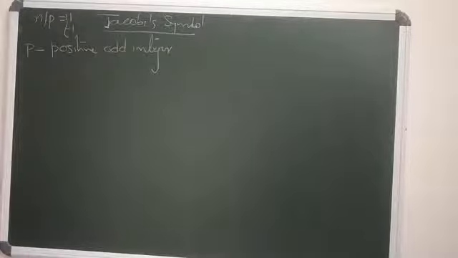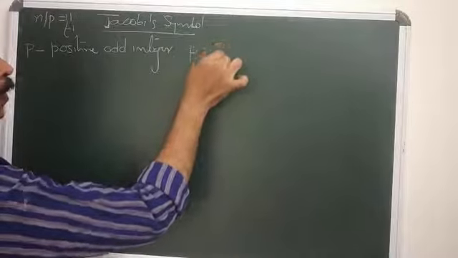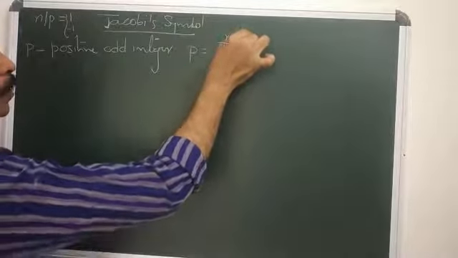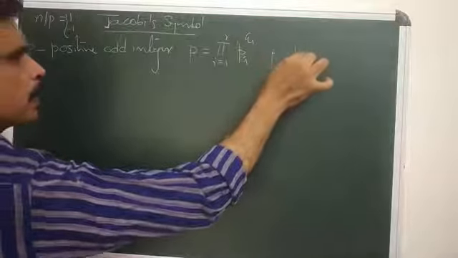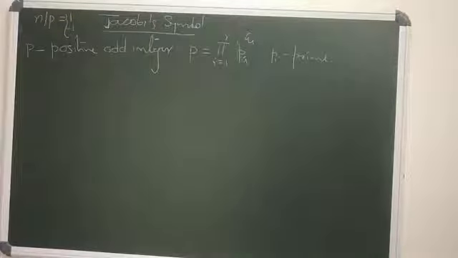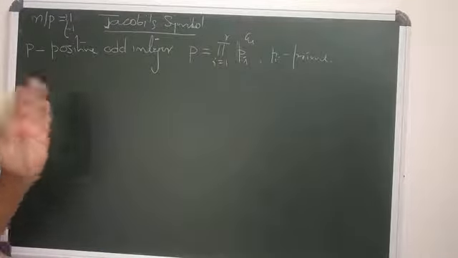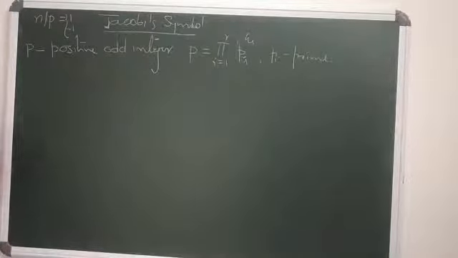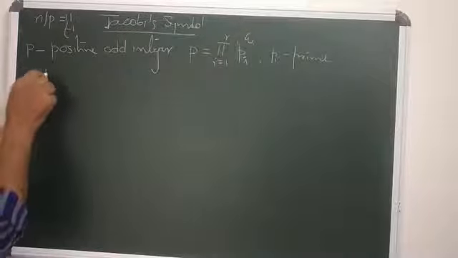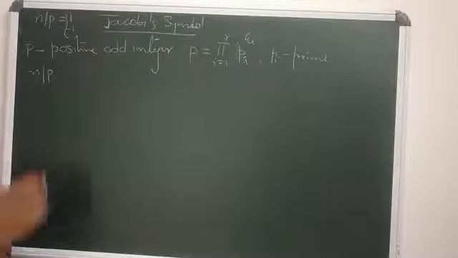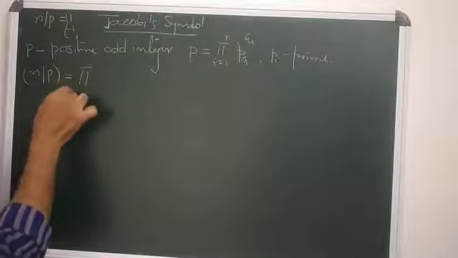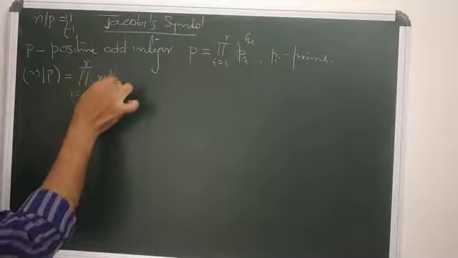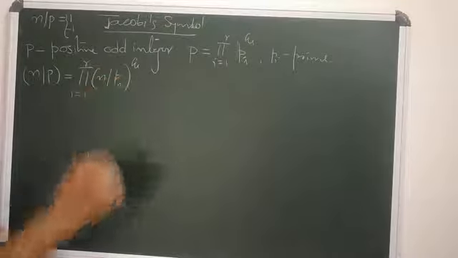If p is a positive odd integer with the prime factorization p equals the product for i from 1 to r of p_i to the power a_i, where each p_i is an odd prime, then the Jacobi symbol (n/p) is defined as (n/p) equals the product for i from 1 to r of (n/p_i) to the power a_i, where (n/p_i) is a Legendre symbol.